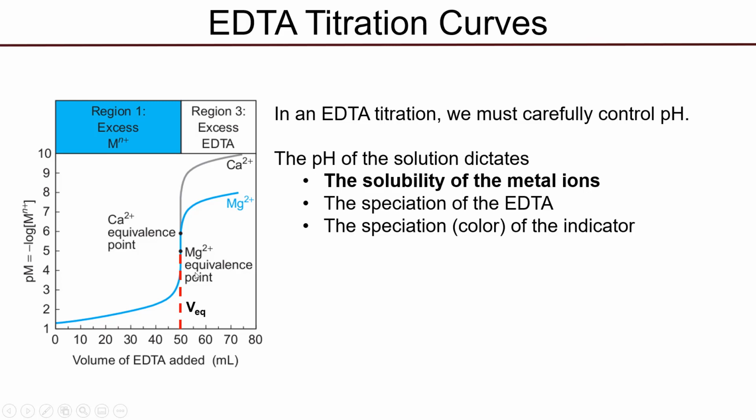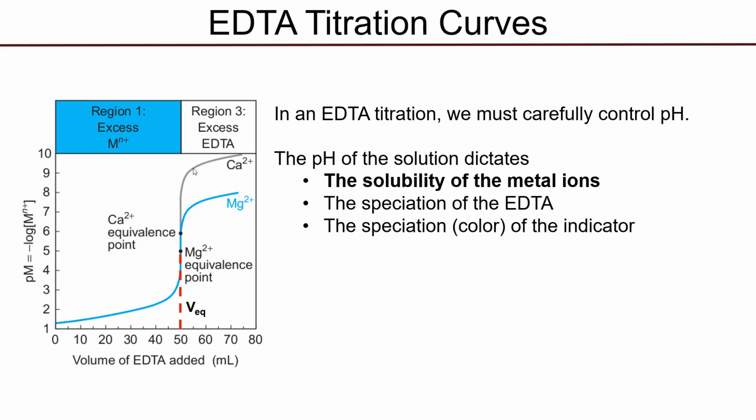And so if we think about the EDTA titration curve as a reflection of how much of the metal analyte we've locked up, this titration curve is only going to really look this way if we've chosen the right pH for our EDTA titration. So the pH of the solution is going to dictate three things that are key to the success of your EDTA titration. It's going to dictate the solubility of the metal ions, the speciation of the EDTA, and the speciation and hence the color of the indicator.